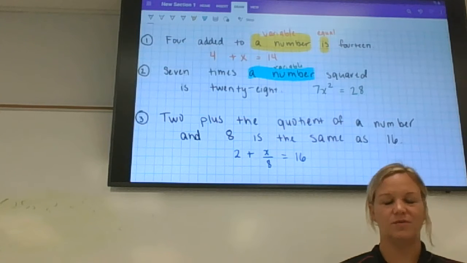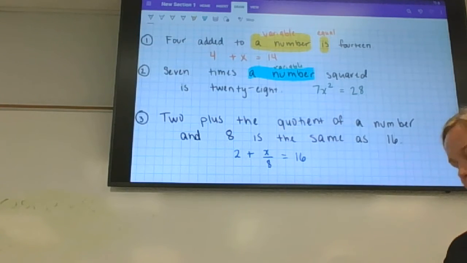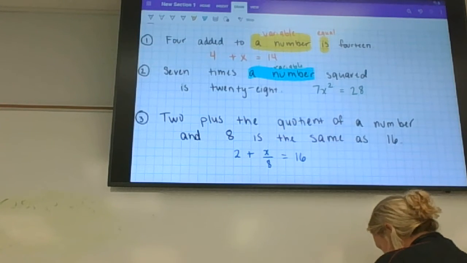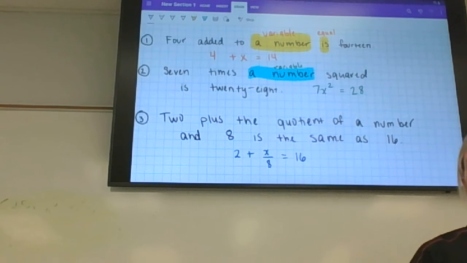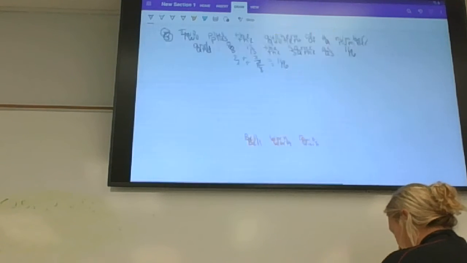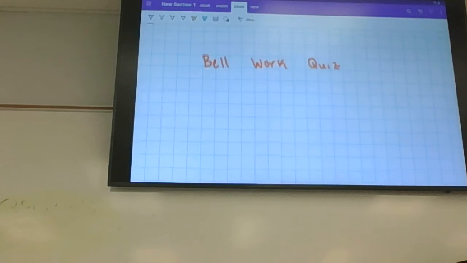Yeah, just one. Yeah, when x is 112. Good job. All right, so you need a separate piece of paper for your bell work quiz. You're going to turn it in.